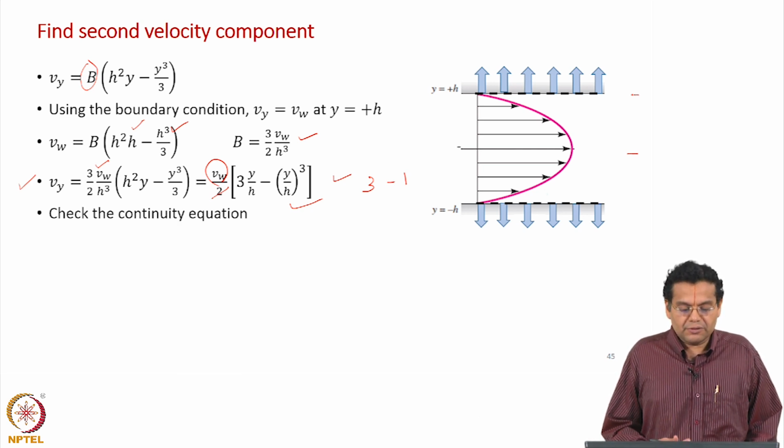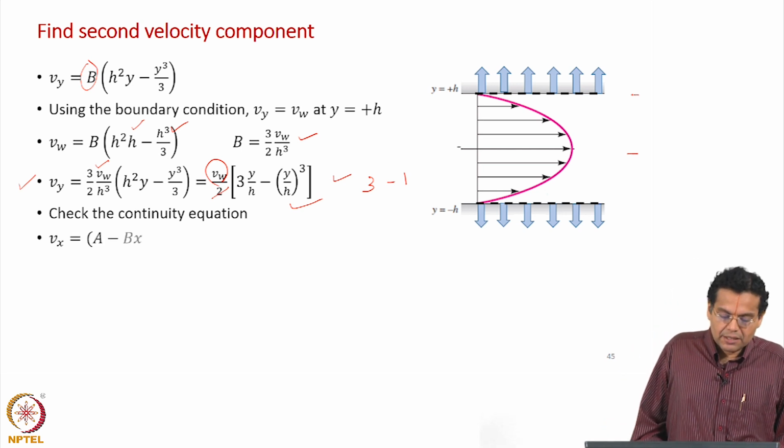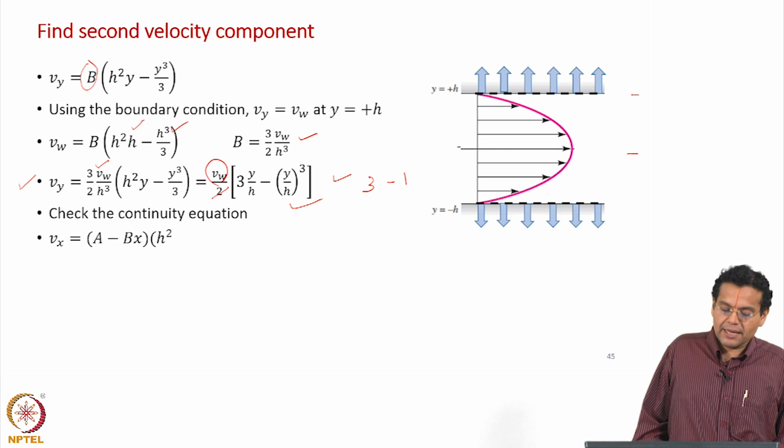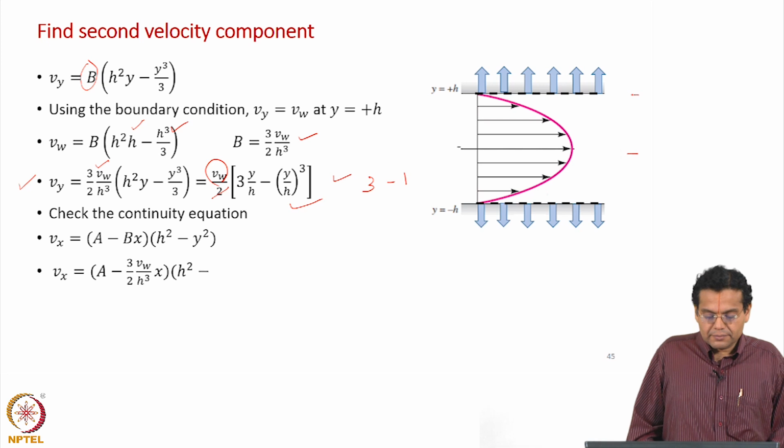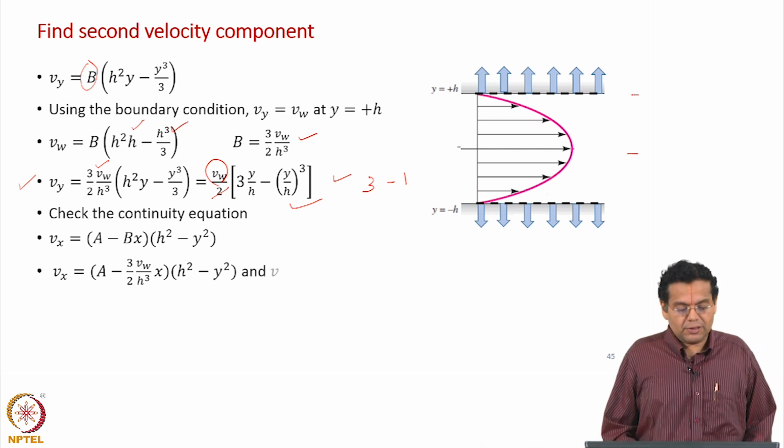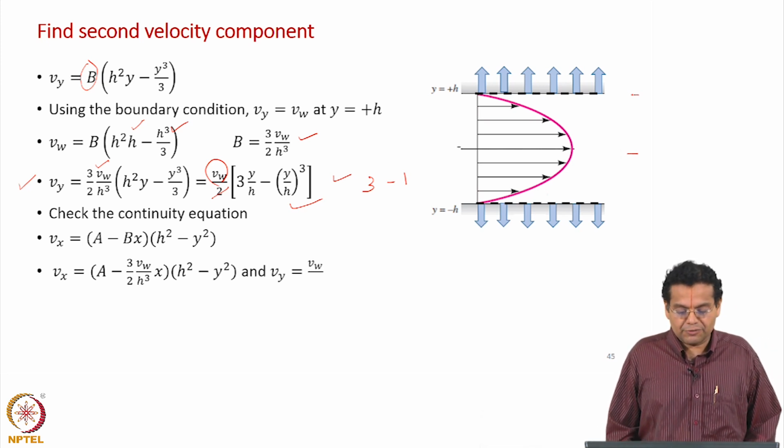we can check whether the expressions are correct by substituting in the continuity equation. Just as an add on we can do that. So, let us do that. Vx was given by (a minus bx) into (h squared minus y squared). We will substitute the expression for b, which I have found out now, and then of course, we can also take the expression for Vy which I have derived here.